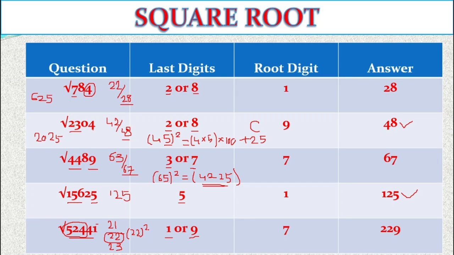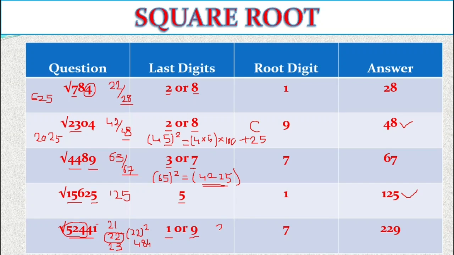As I told you already, 22 into 2, 22, 24, 48, 484 I think. 22 square is 484, and 484 is less than 524. Then what about 23 square?